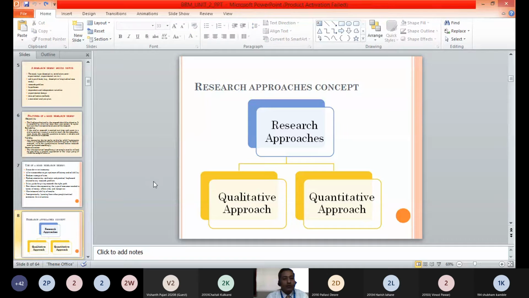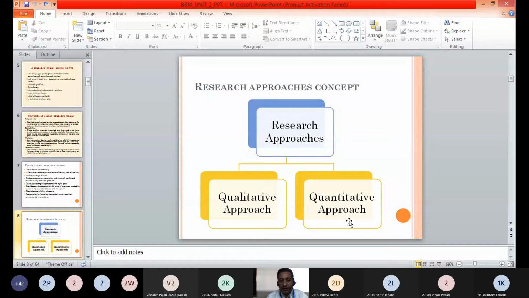So the qualitative approach, from this word only, says that it is about qualitative aspects. And the quantitative approach, with these words, says that it is about quantity, numbers.